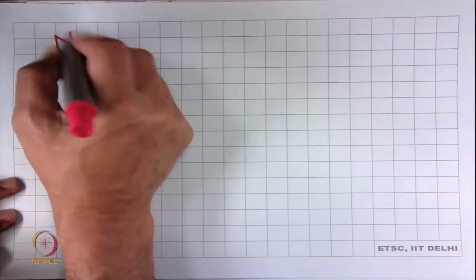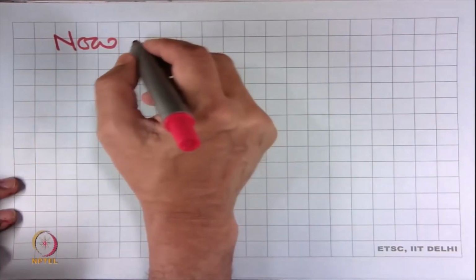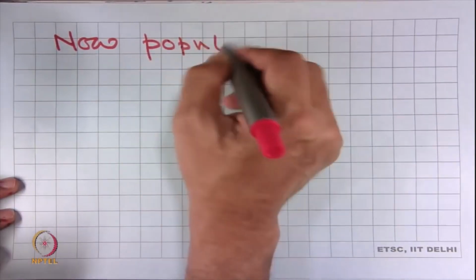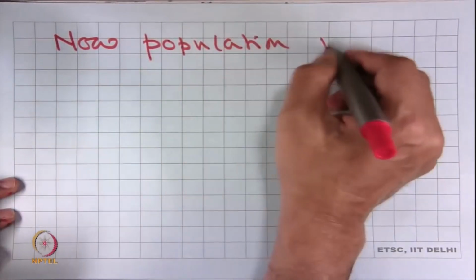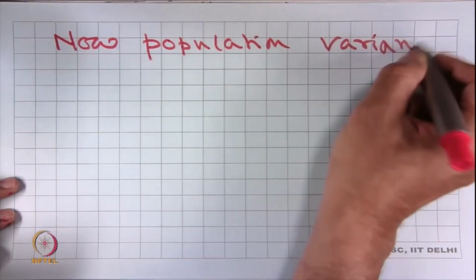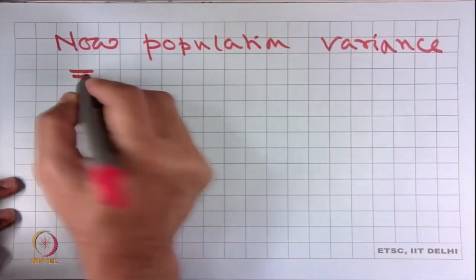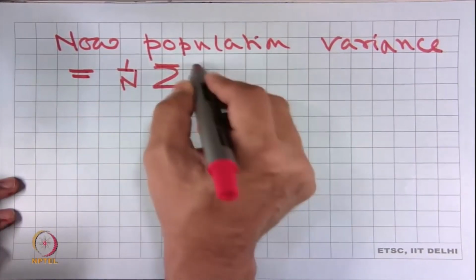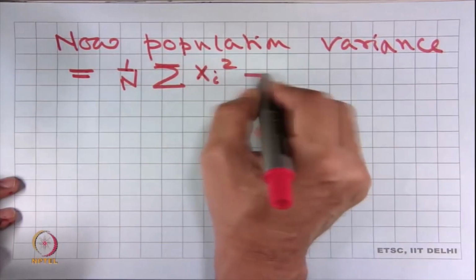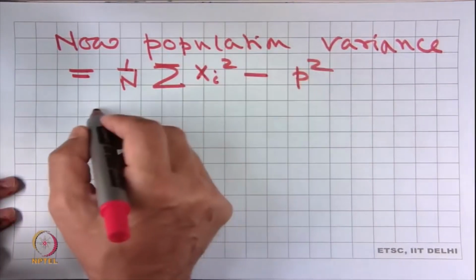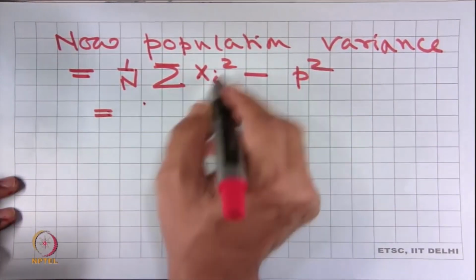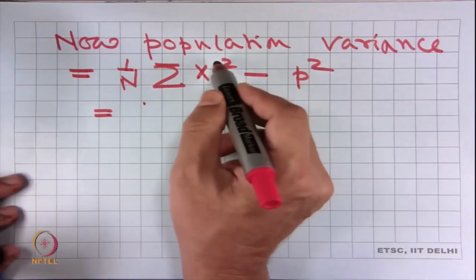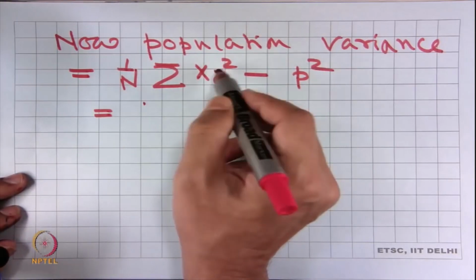Now, population variance is equal to 1 by N sigma xi square minus p square. Sigma xi square: if xi is equal to 1, it is still 1, and if xi is 0, it is 0.